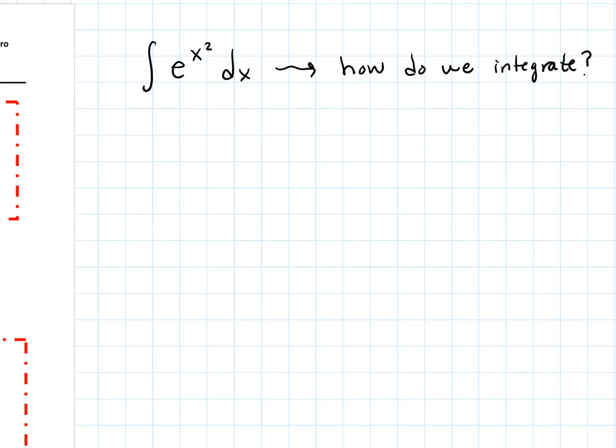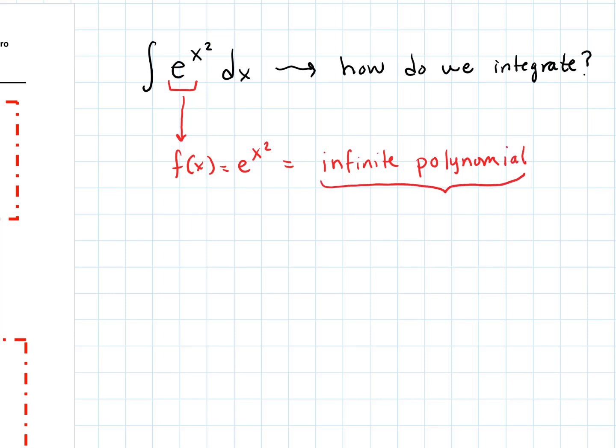So what do we do? Well, ultimately, what we're building up some theory here to do is to say, if I could look at this function, f of x equals e to the x squared, and if there was a way that I could write that as what's thought of as an infinite polynomial, well, I know how to integrate an infinite polynomial.